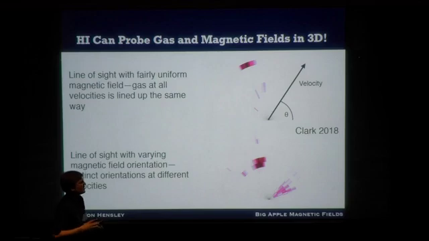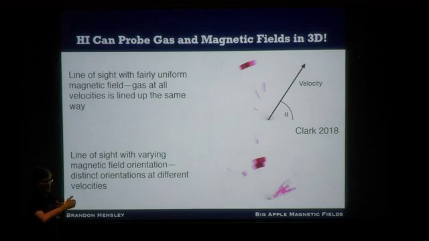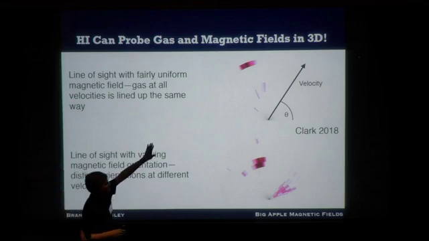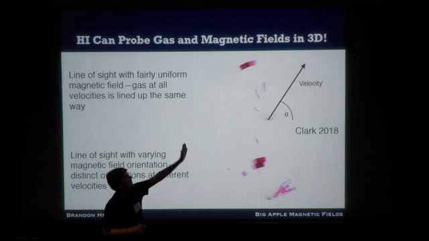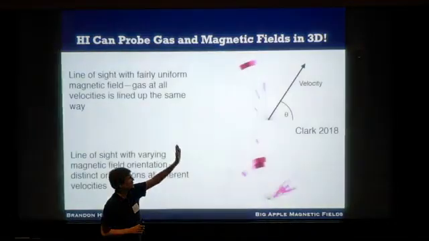And the idea is that if all of the structures that you see along a given line of sight fall at the same orientation, regardless of their velocity, that means that along that line of sight, the magnetic field is probably pretty coherent. And so you don't have this effect where magnetic fields at different angles are canceling each other out, and you end up with a smaller polarization at the end. So you can contrast the top image there, which is where things are very coherent, where all of your gas is at fixed theta, essentially.